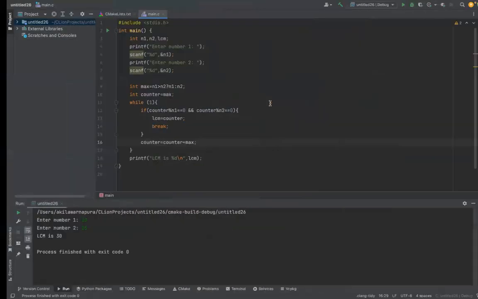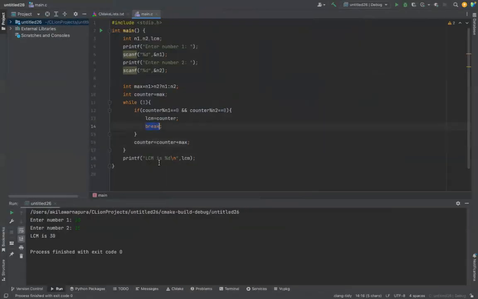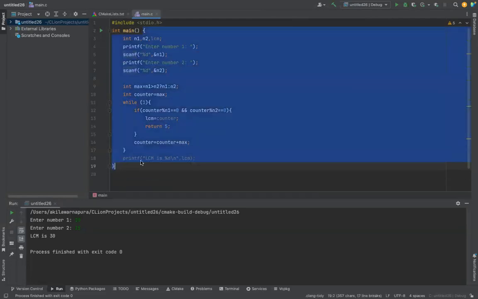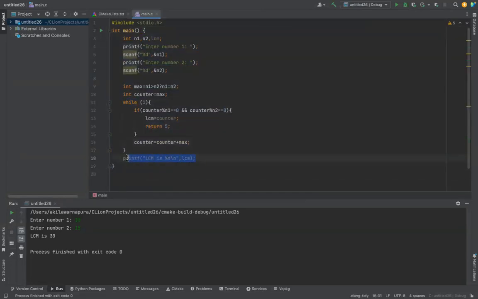If you use return, for an example here, since this is an integer type function, you have to return some value. Return means not only the while loop, the entire function will be terminated. That is why this one is now ash color. This one won't be executed.